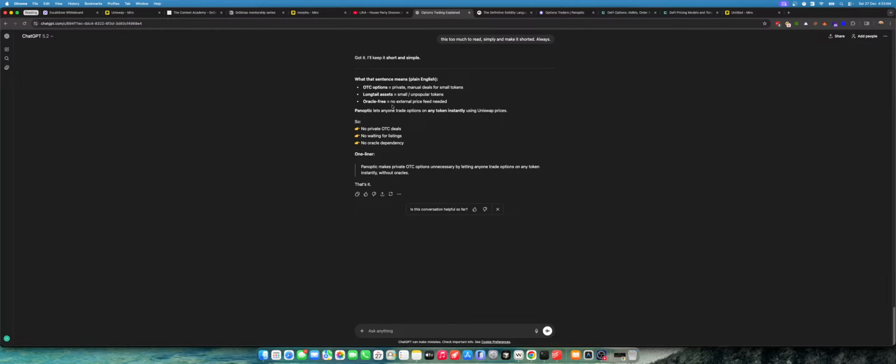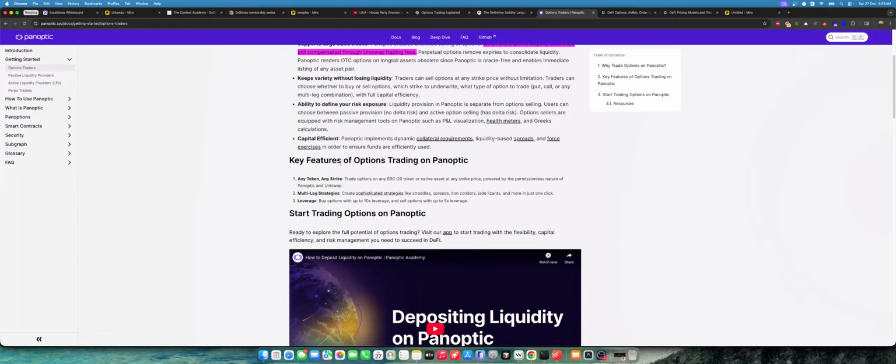Small unpopular tokens, long-tail assets are small tokens. Okay, traders can sell options at any strike price without limitations.